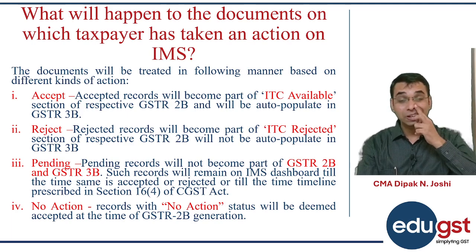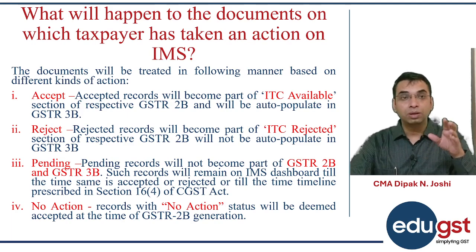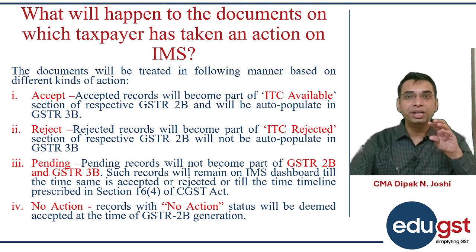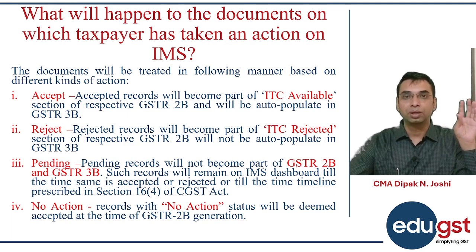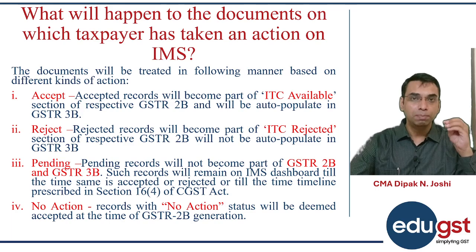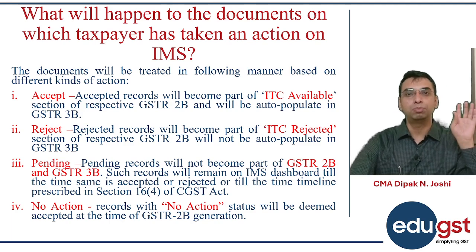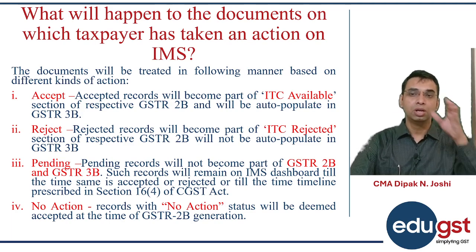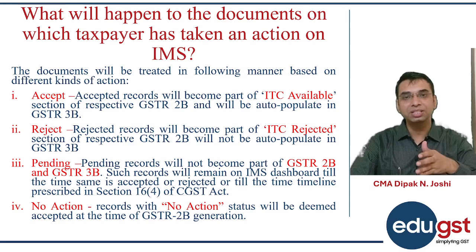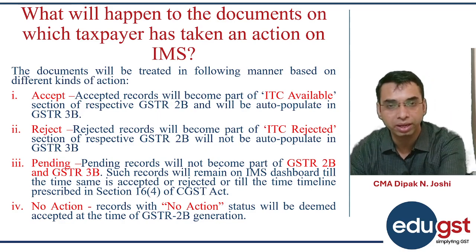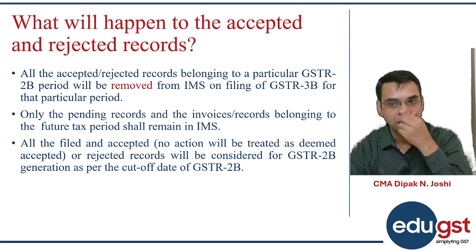Now see, as of now you can edit the details of GSTR 3B, but in future we may see that the department will freeze this manual filing and details will only be auto populated through this IMS portal, right? So these are the three actions which the taxpayer is expected to take in the invoice management system.